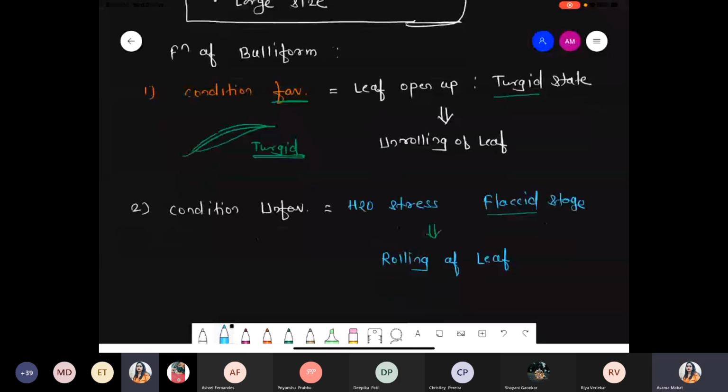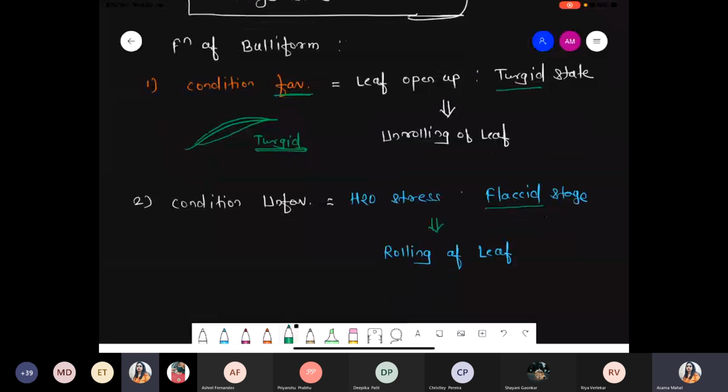Rolling of the leaf. If you want to draw a diagram, you can draw like this. They are showing rolling. Bulliform cells are basically responsible for which process? That is the curling process.